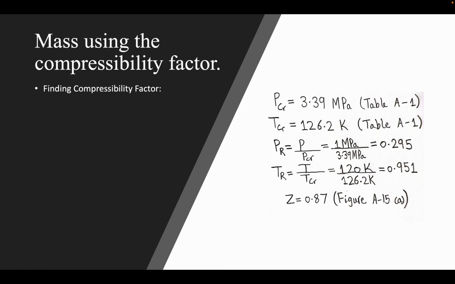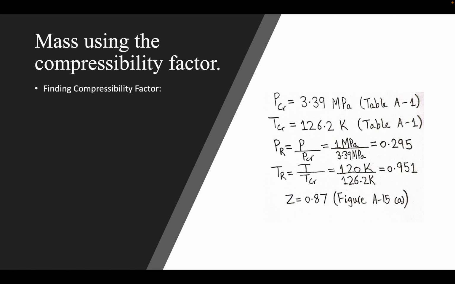Then we find the mass using the compressibility factor. For the compressibility factor, we have to find Z first. For that, we have to find the critical pressure and the critical temperature. So we use table A1 to get 3.39 megapascals for the pressure value, and for the temperature at the critical point we get 126.2 Kelvin.